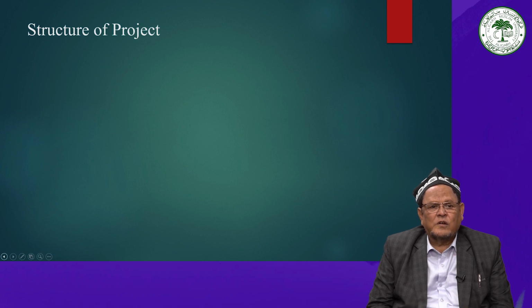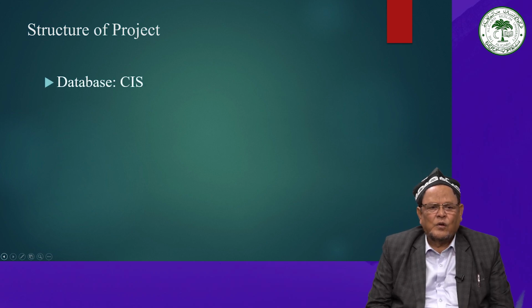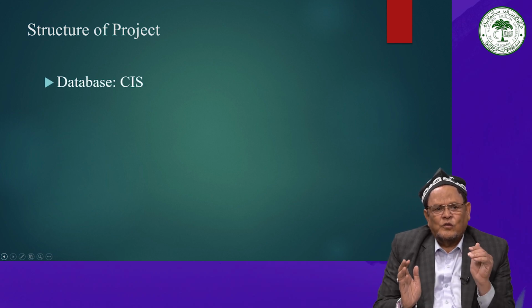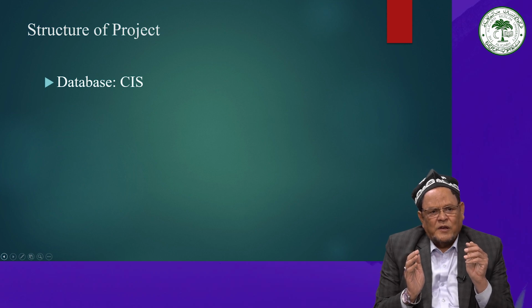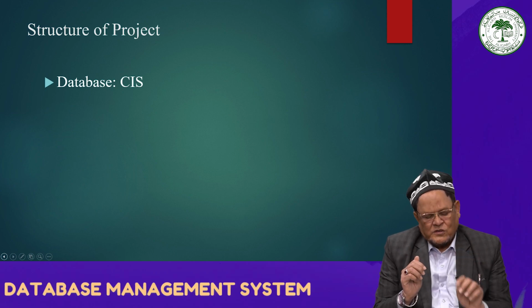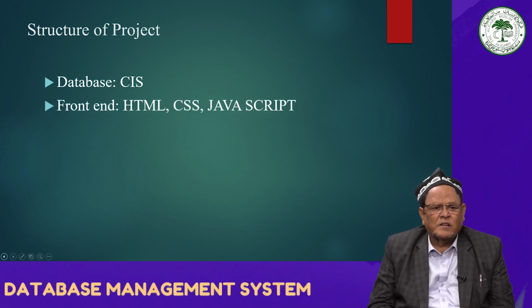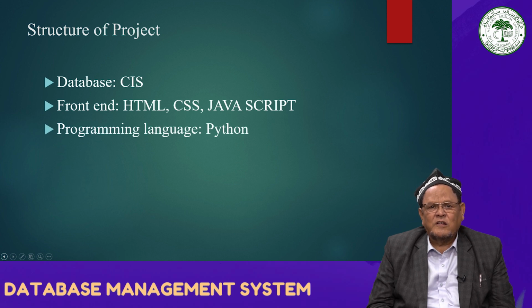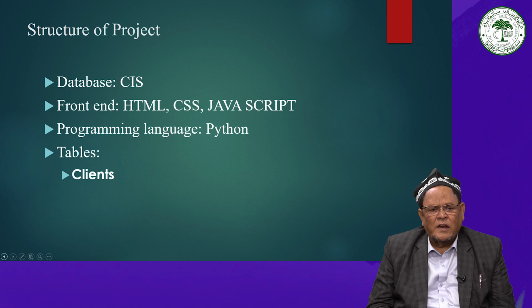The structure of the project will be, first of all, you have to define a database, client information system, and then the front end will be HTML, CSS, and JavaScript, and the programming language which I have used in the mini project is Python. The table contains information about the clients.